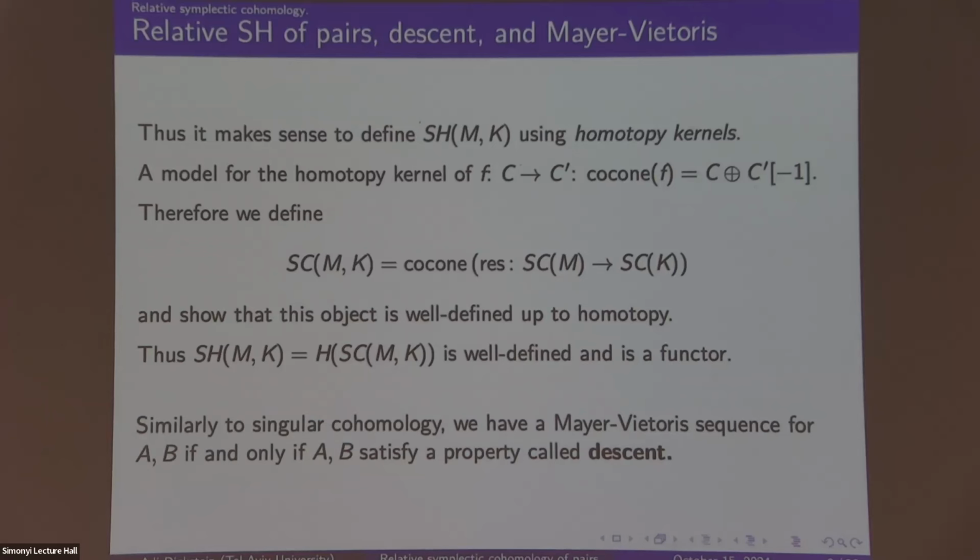Now, also the relative symplectic cohomology has a version of Mayer-Vietoris, and for that we have to define an analog of an excisive pair, of an excisive couple. So there is an algebraic analog called descent. So A and B satisfy Mayer-Vietoris if and only if they are in descent, but the definition isn't important for this talk. So let me just tell you about a sufficient condition, which is important for us.